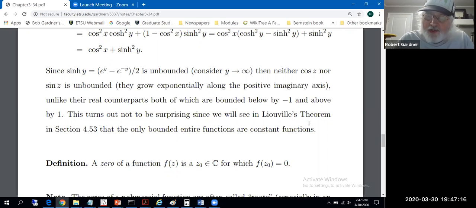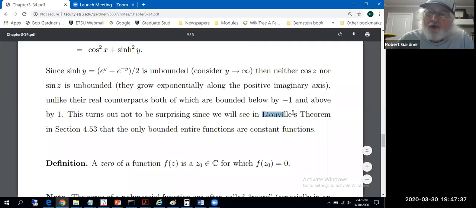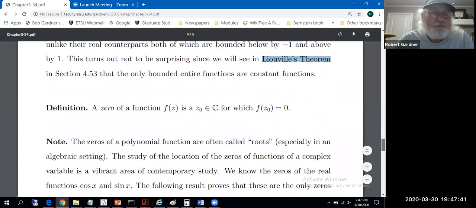That's totally unfamiliar. You're used to sine and cosine: they're analytic, they're differentiable everywhere, they have power series representations, and they're bounded between -1 and 1 in the real setting. Not true in the complex setting. We'll actually prove the fundamental theorem of algebra, time permitting, using Liouville's theorem down the road.